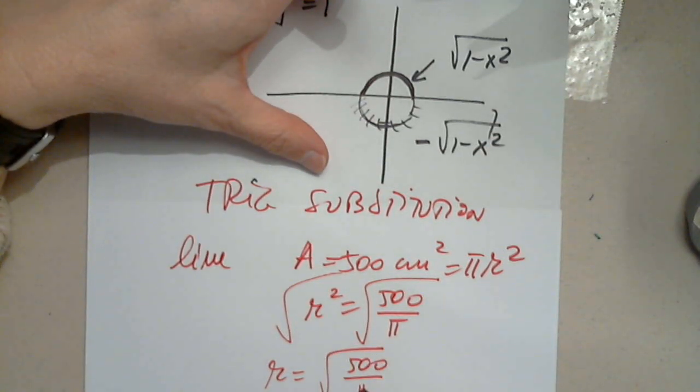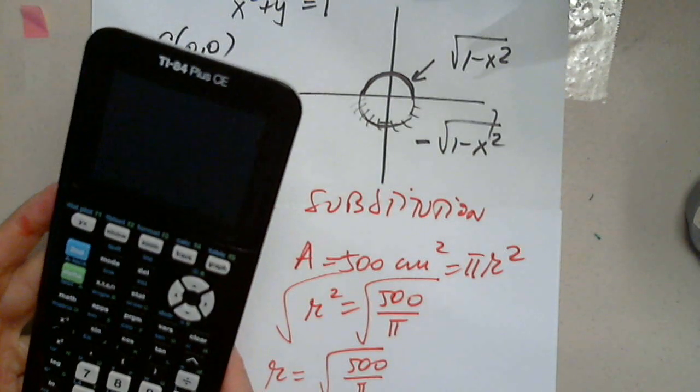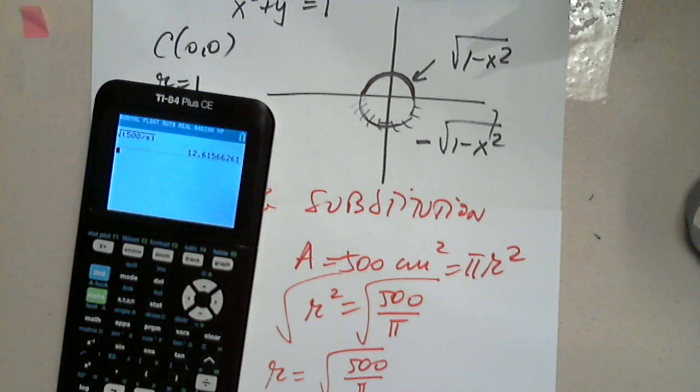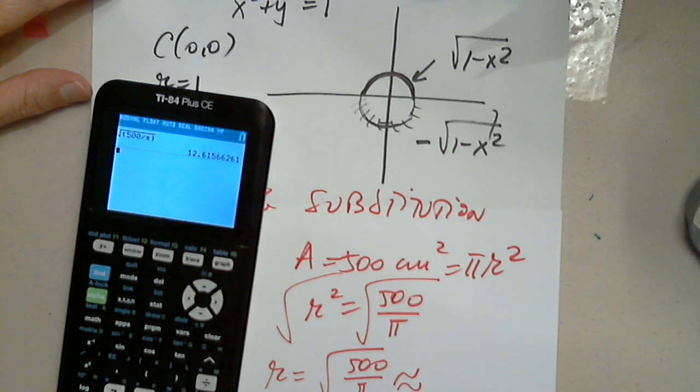So it's the square root of 500 over pi, and they want 4 decimal places. You know me, I love my parentheses: square root of (500 divided by pi), and I got 12.6157 centimeters.